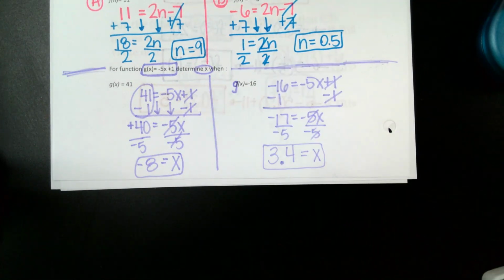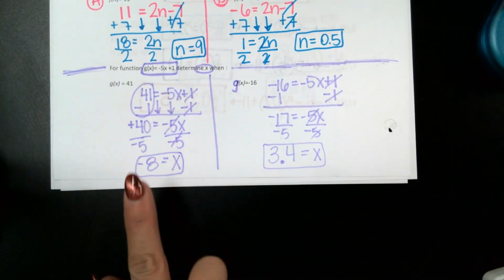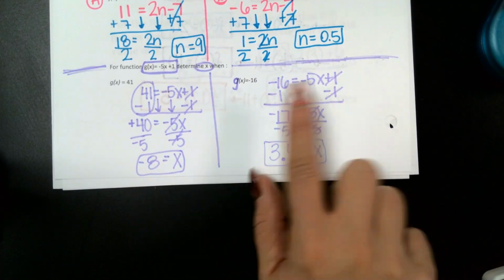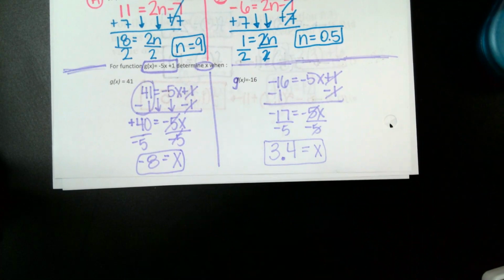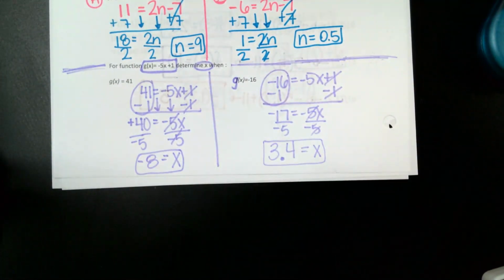Well, there they both are. So if you guys subtract 1, you get 40, and 40 divided by -5 is -8. This one, when you subtract 1, you got to be careful with that -16 minus 1. That's a -17. And then -17 divided by -5 is 3.4.